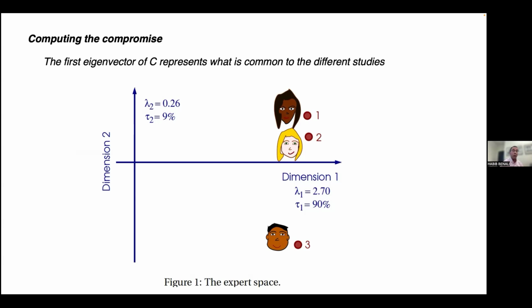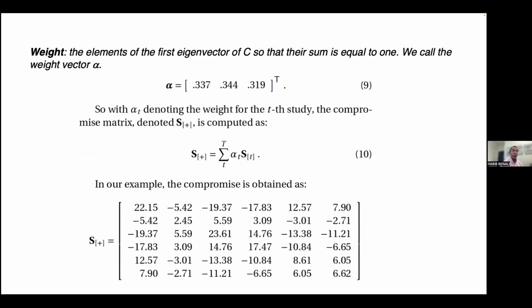Okay, what can we do? We calculate a covariance. You see that the first eigenvector is almost all the time positive in this kind of analysis. What does it mean?